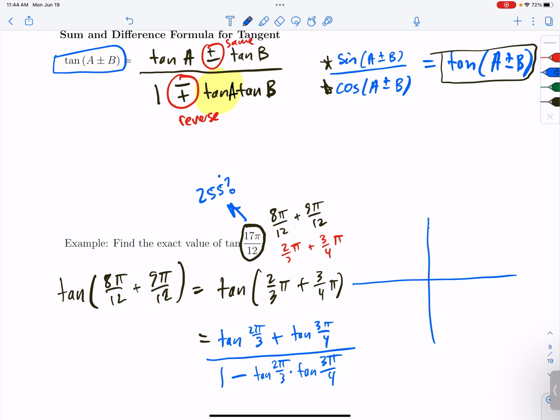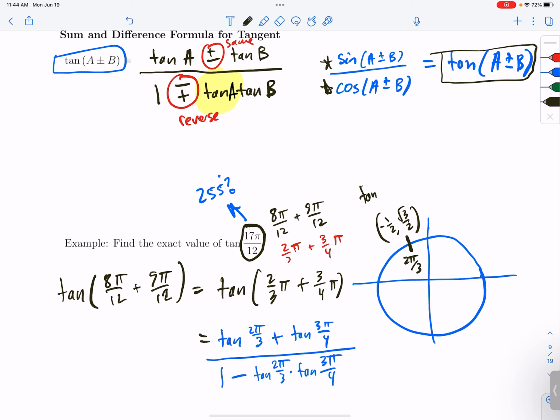So let's find these values for tangent on the unit circle. 2 pi over 3 is up here, and those coordinates are -1/2, root 3 over 2. So tangent of 2 pi over 3 is equal to y over x, so root 3 over 2 divided by -1 over 2. 2's cancel, I get -√3. So tangent of 2 pi over 3 is -√3.